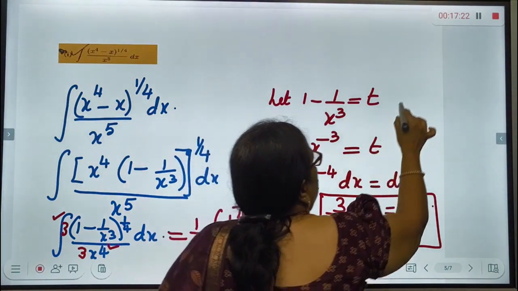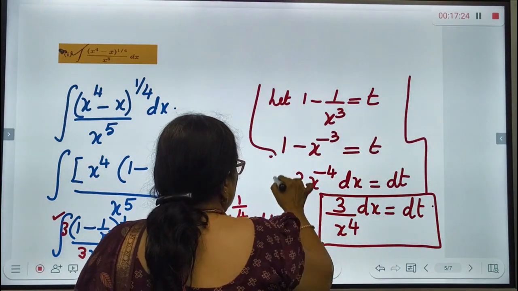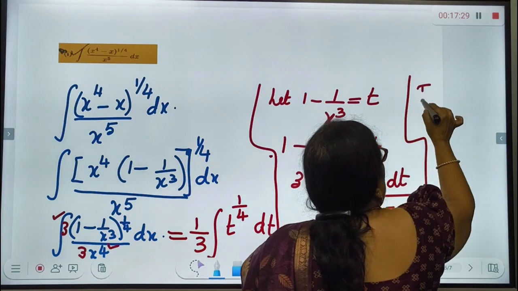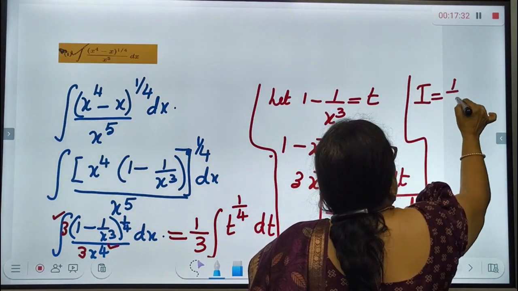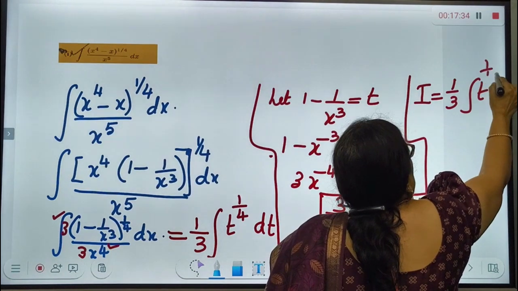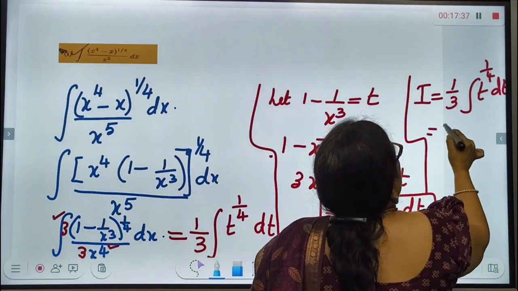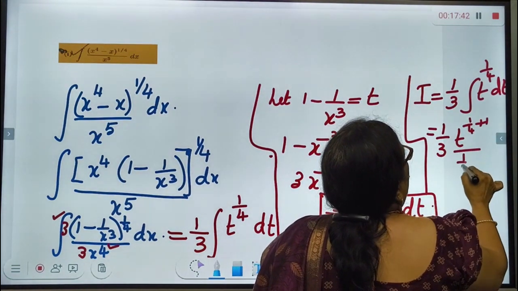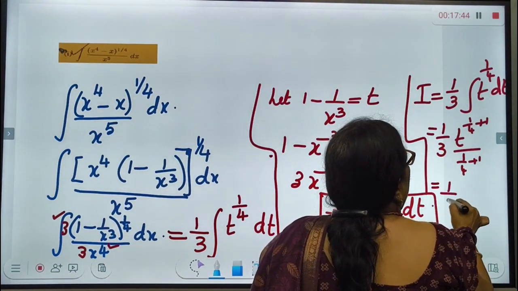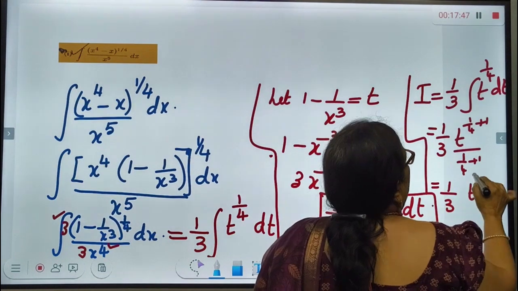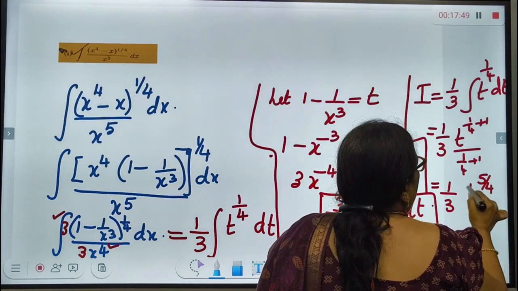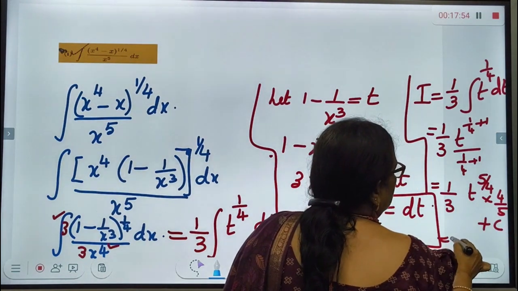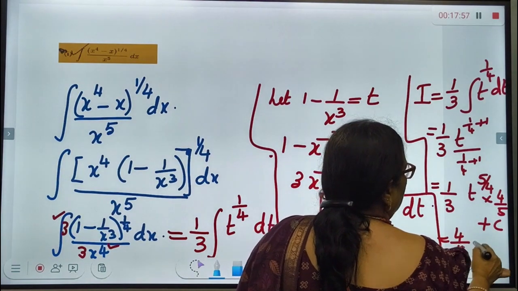So the final answer is I equal to 1 by 3 integral of t power 1 by 4 dt, which is 1 by 3 t power 1 by 4 plus 1 by 1 by 4 plus 1, which is 1 by 3 t power 5 by 4 into 4 by 5 plus c, which is 4 by 15.